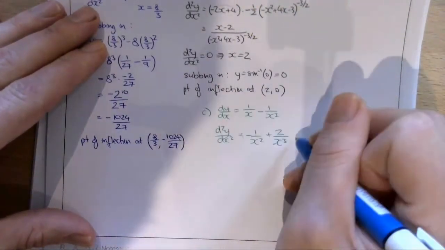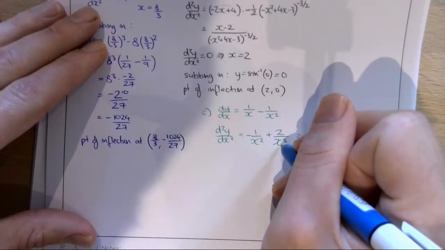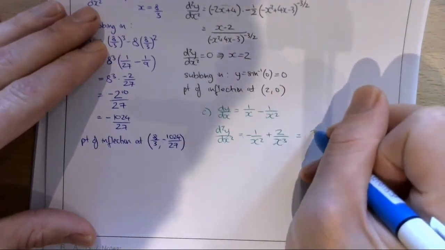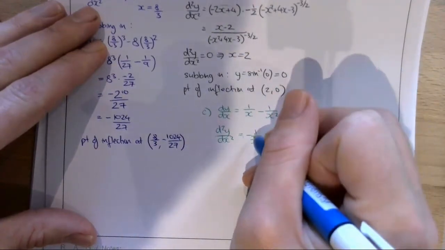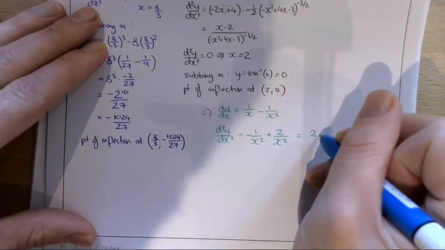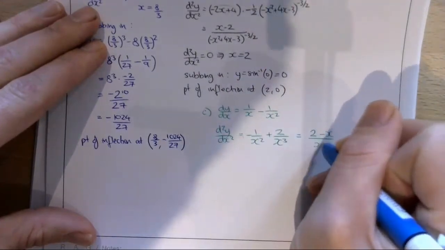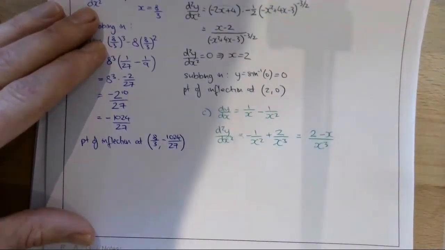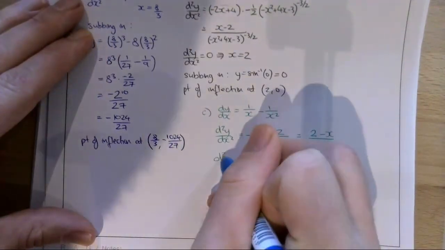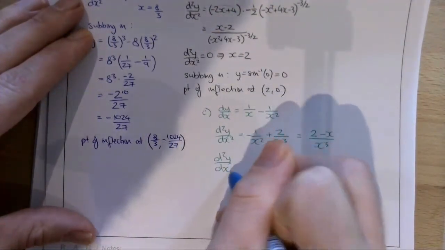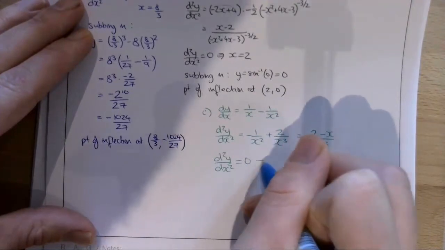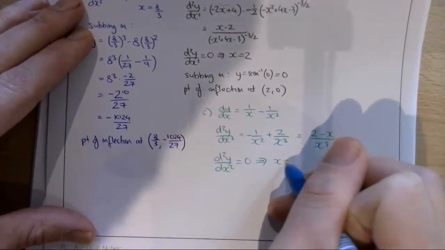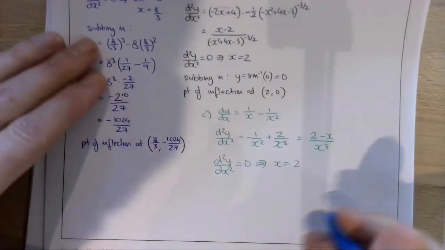And then I'm just going to rewrite this so it's all over x cubed, so this is going to be 2 minus x over x cubed, meaning that I have a point of inflection when x equals 2, again similar to before.